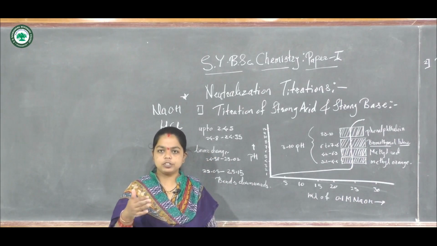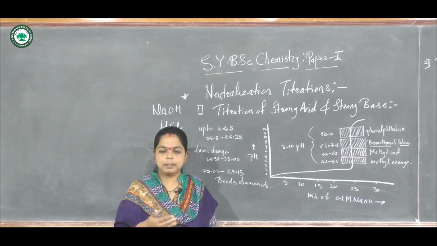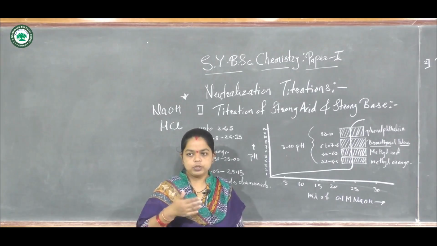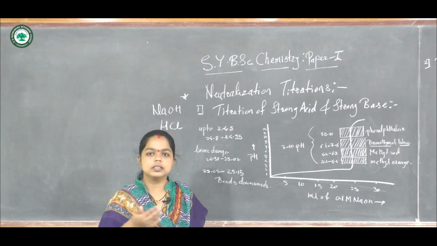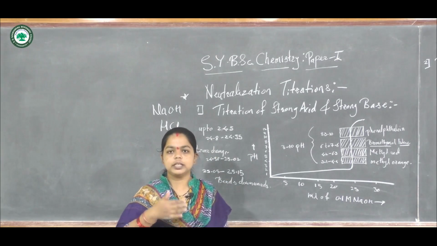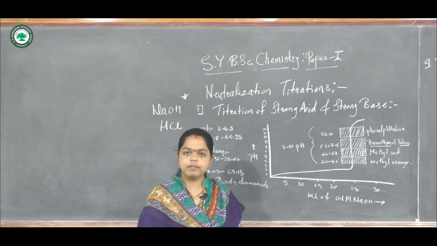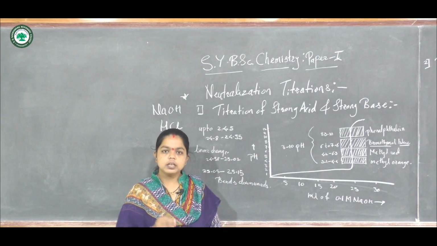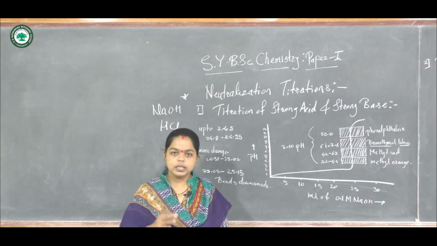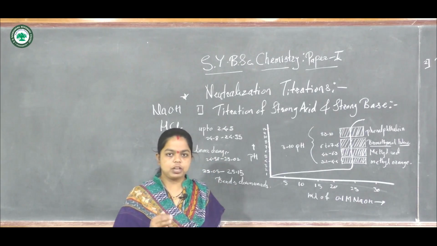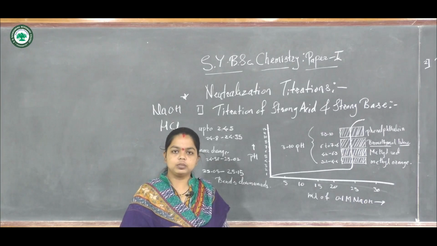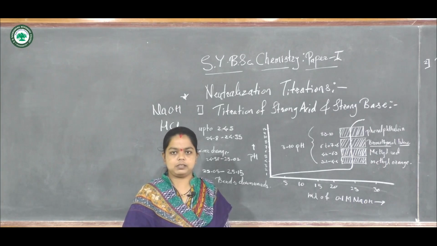After addition of NaOH in ml, the acid gets neutralized slowly, so the pH goes on increasing, 1, 2, 3 and so on up to the value 7. At 7 the end point, or equivalent point of the titration, arrives, at which the acid is completely neutralized by the base.